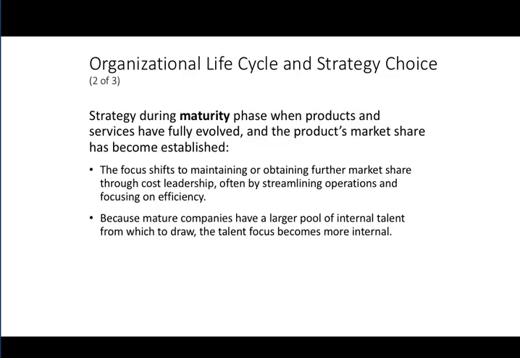As companies transition from the early growth phase of their life cycle to the more mature phase, they are obviously up against greater competition. They're fighting for market share. Just like we would consider in the BCG matrix, where you have your cash cows, your organization, by definition, becomes your cash cow.